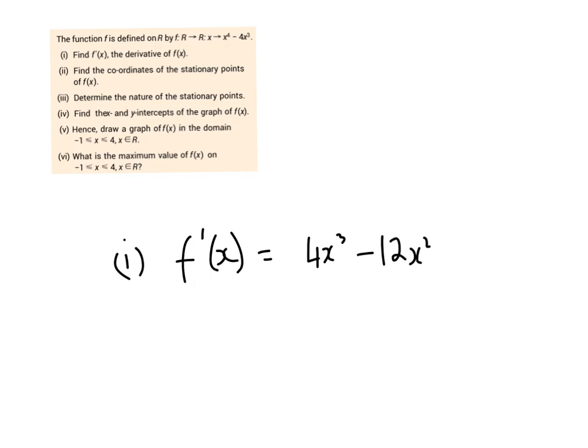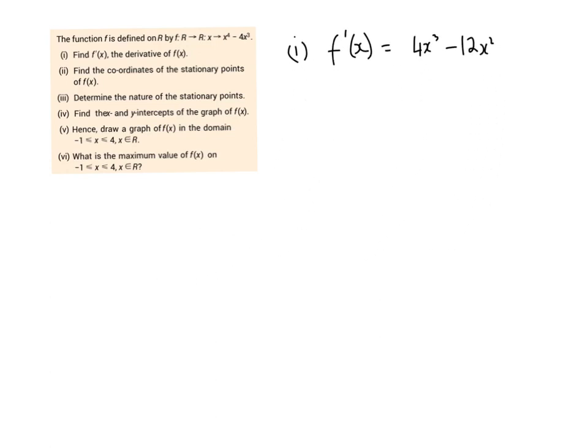Okay, and so now we want to find the coordinates of the stationary points. So we know the stationary points happen when dy dx is equal to 0. So similarly here, dy dx equal to 0. So we'll be putting f prime of x, our first derivative, equal to 0 and solving for x.